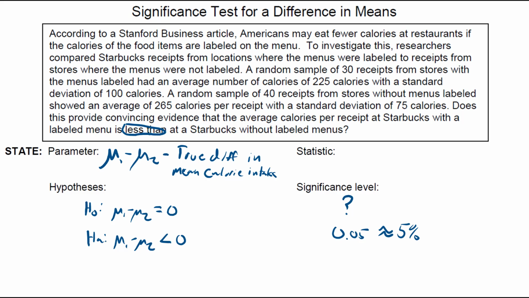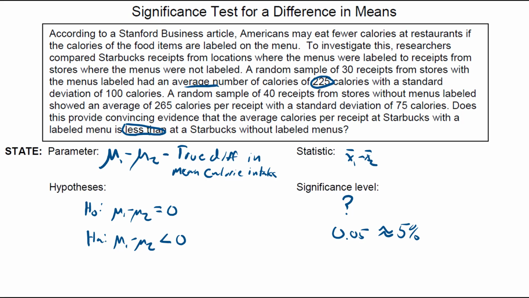With the statistic, now we're looking at x bar 1 minus x bar 2. In other words, taking the means from both of these and subtracting them to find the difference. Let's look at this. The store with menus labeled had an average number of calories, our mean, of 225.